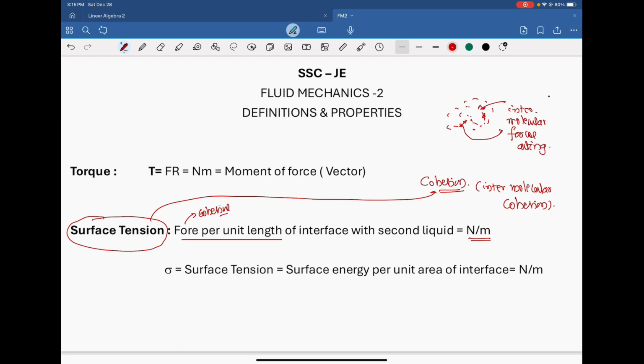Cohesion means co means living together, being together. Cohesion means being together. That means attraction, intermolecular forces. Because of this cohesion, these molecules of the fluid move together. They be together. Please try to understand this. Cohesion means being together.